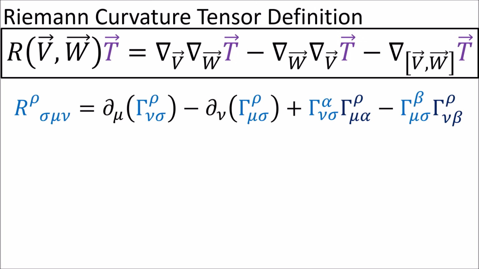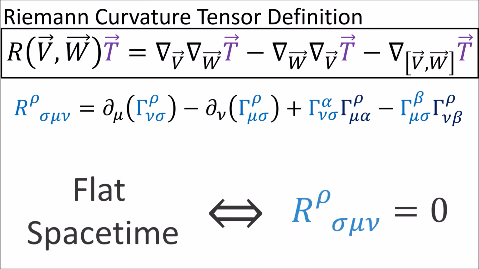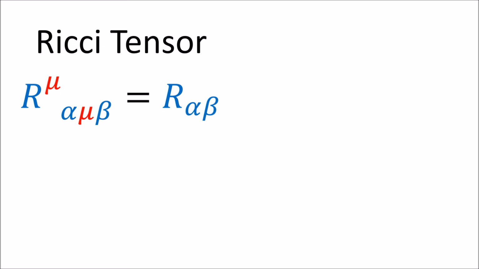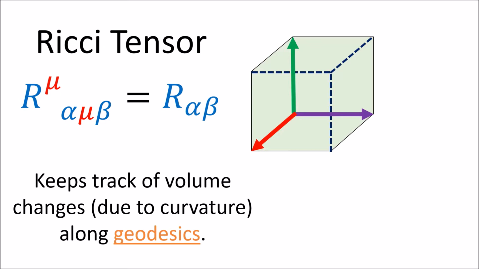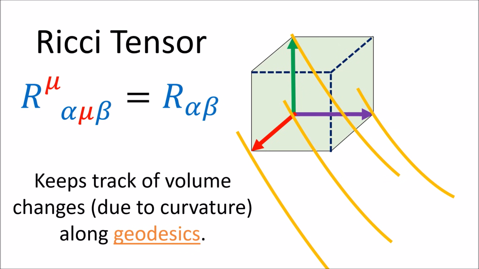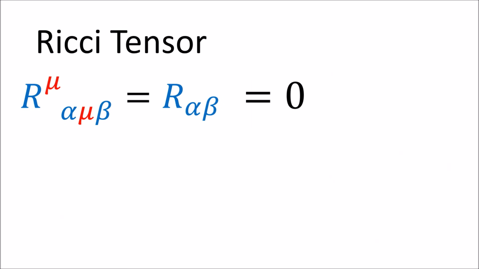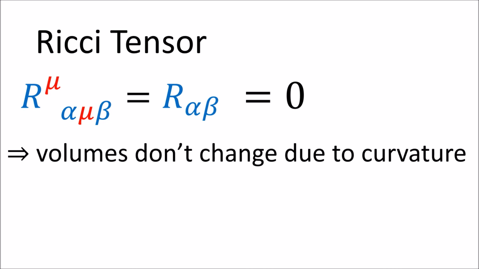When spacetime is flat, this is the same thing as the Riemann tensor being 0. The Ricci tensor is like the trace of the Riemann tensor, and it keeps track of volume changes due to curvature as a volume travels along geodesics. When the Ricci tensor is 0, it tells us that volumes don't change due to curvature.